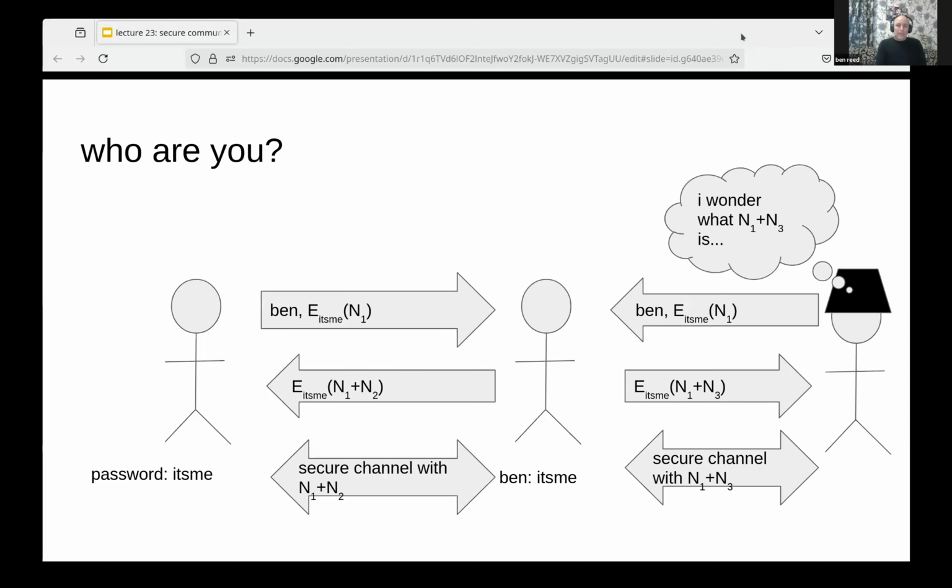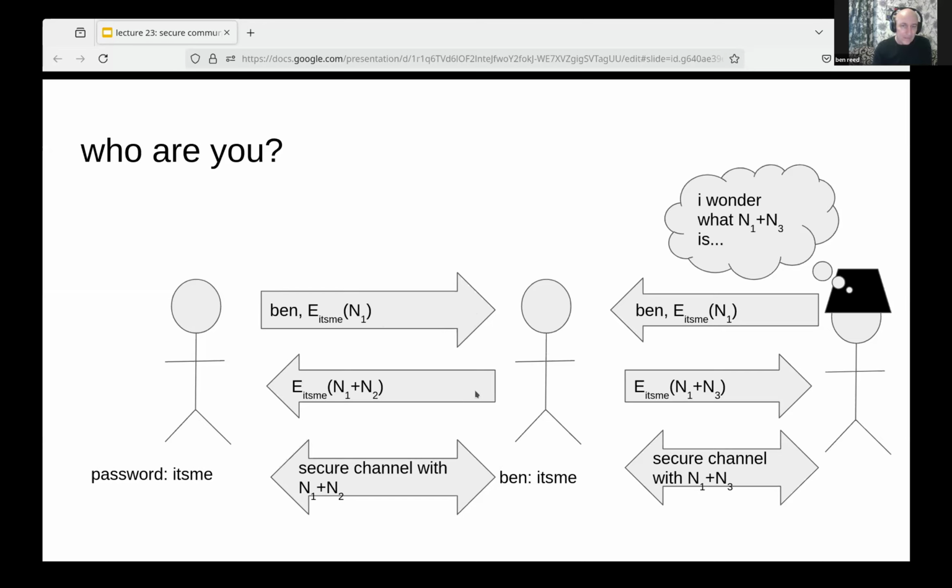So what we can do, of course, better often means more complicated, which it is in this case. At the very beginning, I send an encrypted nonce. Okay, so I generate a nonce, N1, and I send it over the network to the person in the middle.